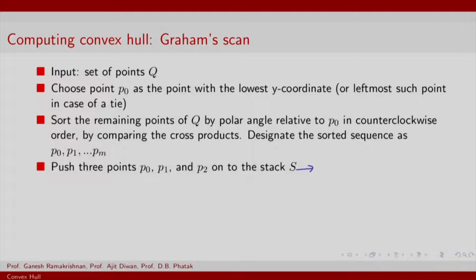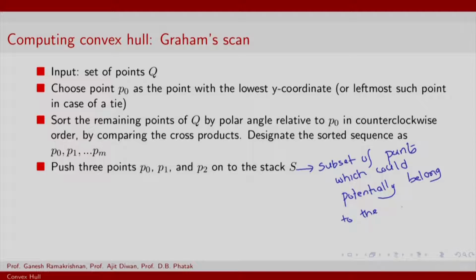So stack S is a subset of points which could potentially belong to the convex hull of Q. We know for sure that P0 belongs to the convex hull and so does P1.